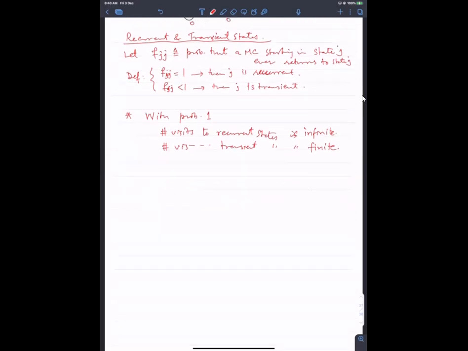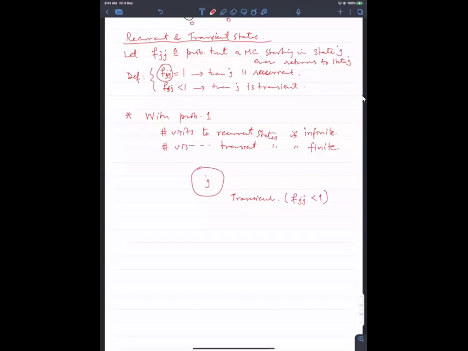So for a transient state, every time you are in a transient state, ये transient state है. Okay, so let's say this is state J and this is transient. Fjj is the probability that you will ever come back here. So this Fjj is less than 1.